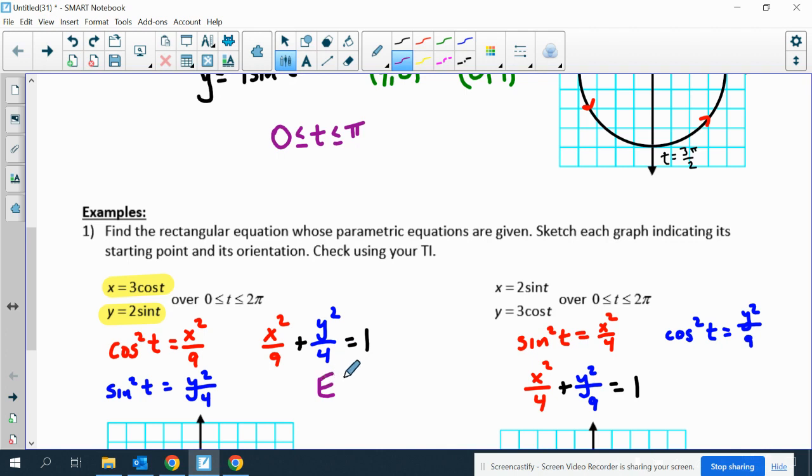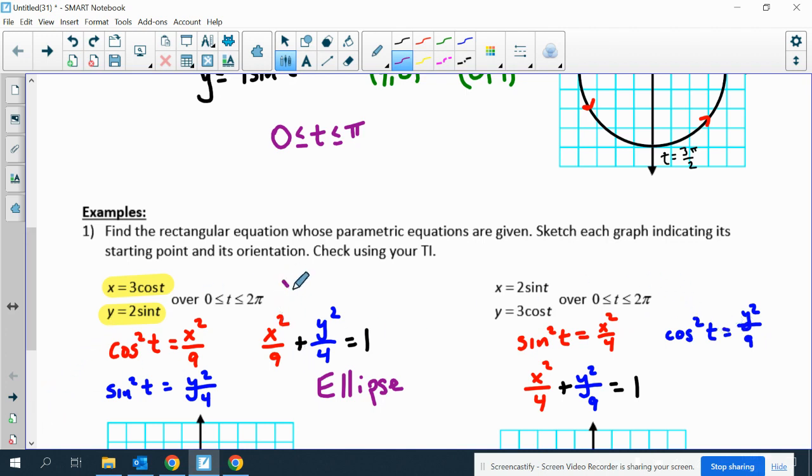That ends up being an ellipse. And likewise, I would have a similar one over here where I solved for sine squared and cosine squared, and I end up getting x squared over 4 and y squared over 9. So both these are ellipses.